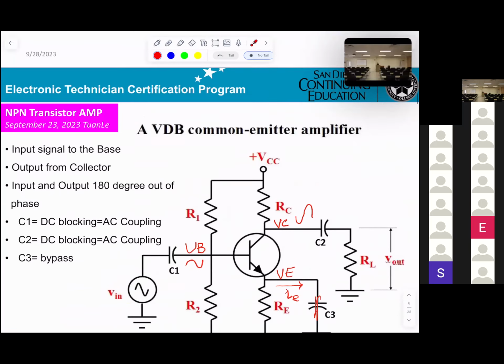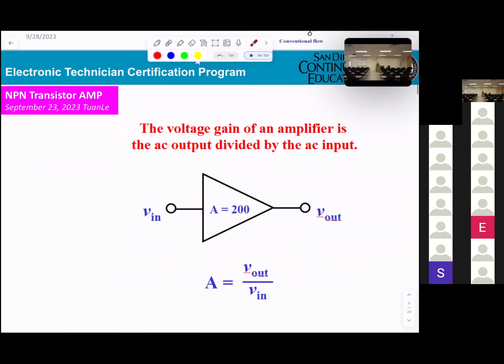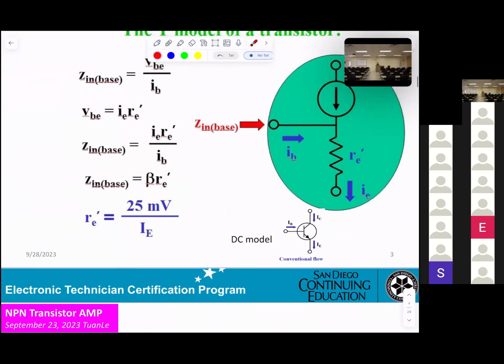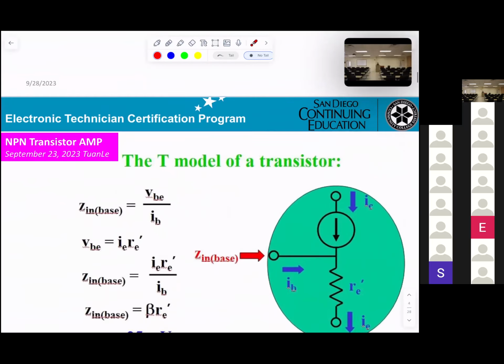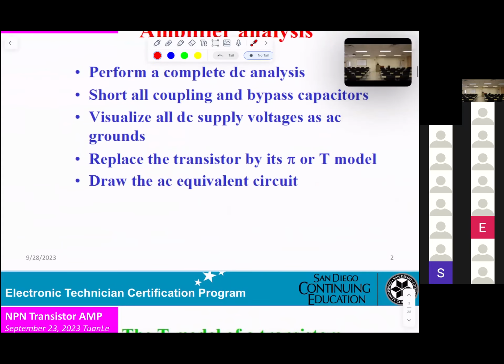Let's see in here. You see right here, visually you only see the supply voltage at AC ground.